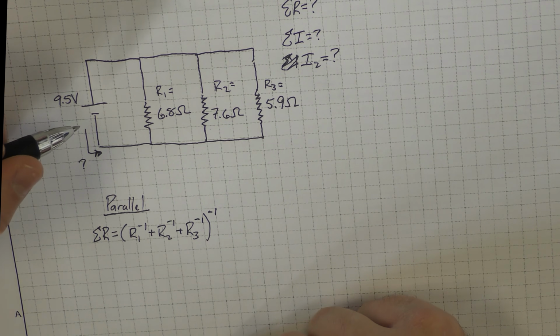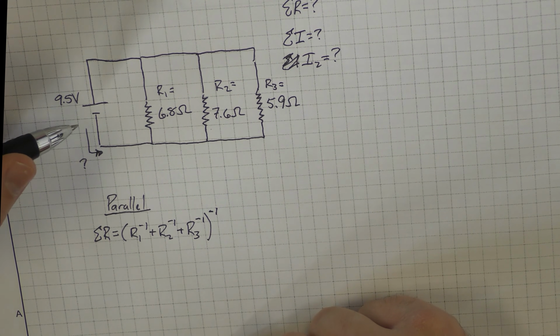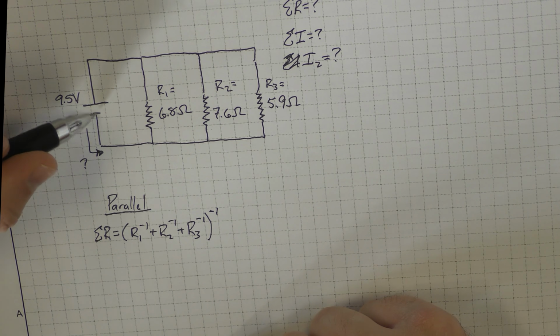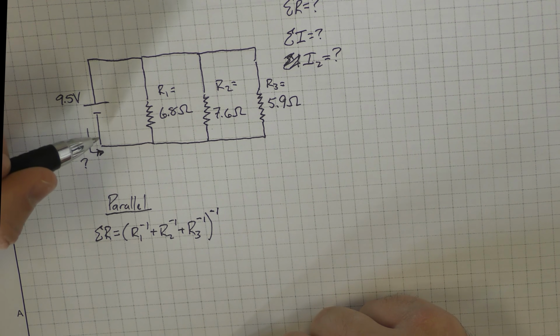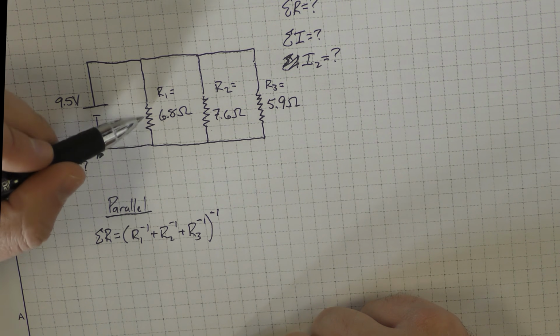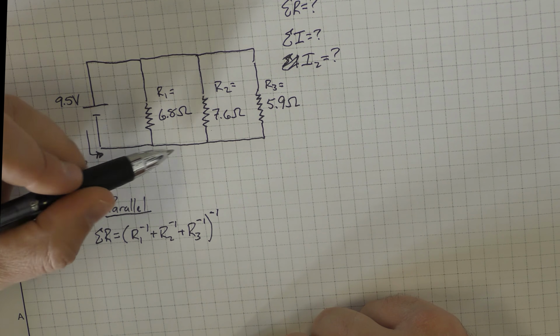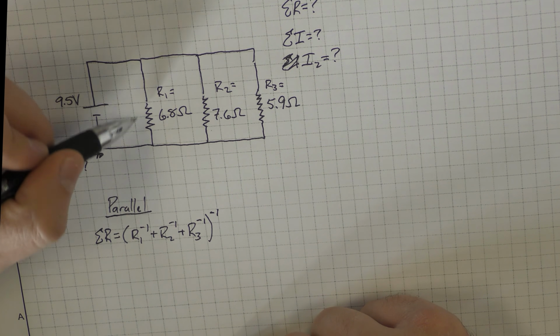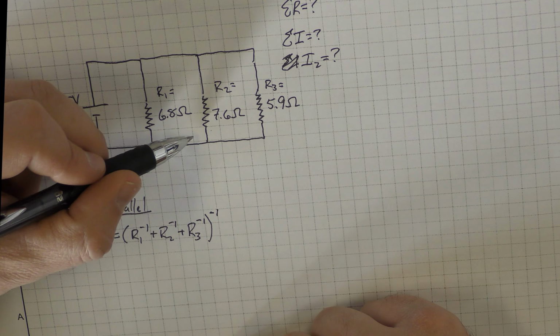Our current in a parallel circuit is not the same everywhere. If we start at our negative terminal and come to this junction, the electrons have a choice. They can go up through this resistor or they can go over. Some of the electrons will go this way and some will keep going forward.